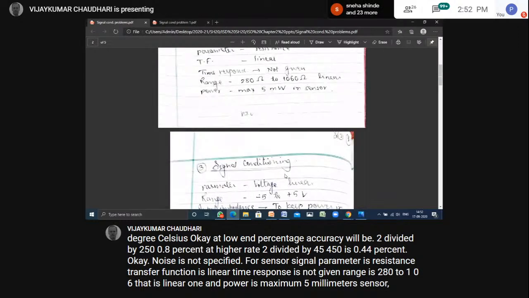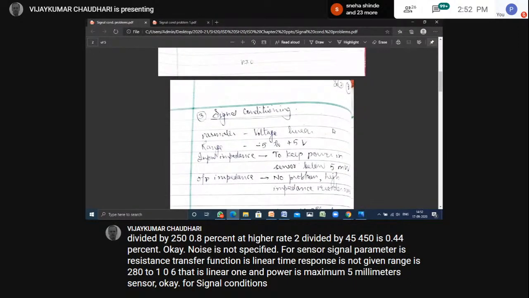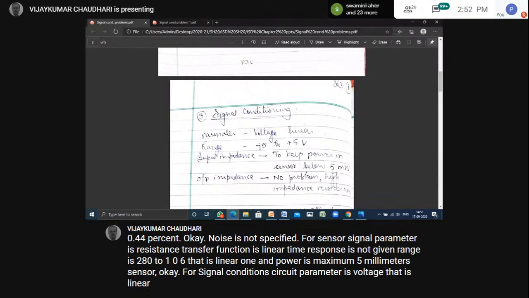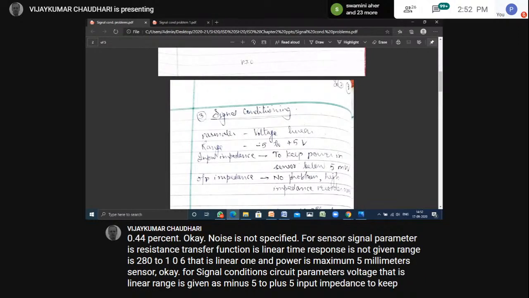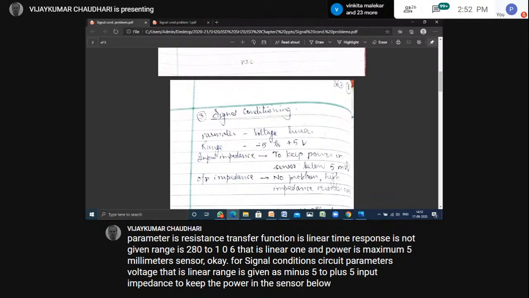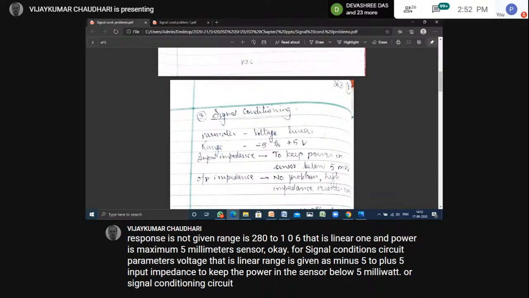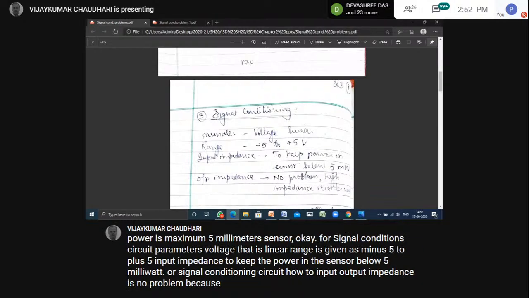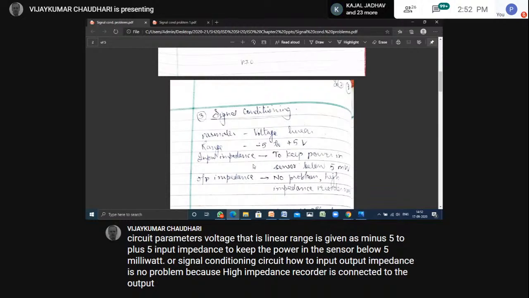For the signal conditioning circuit, the parameter is voltage, linear, range is -5 to +5, and input impedance must keep the power in the sensor below 5 milliwatt. Output impedance is no problem because a high impedance recorder is connected to the output of the signal conditioning circuit. So as per guidelines, these are the specifications.